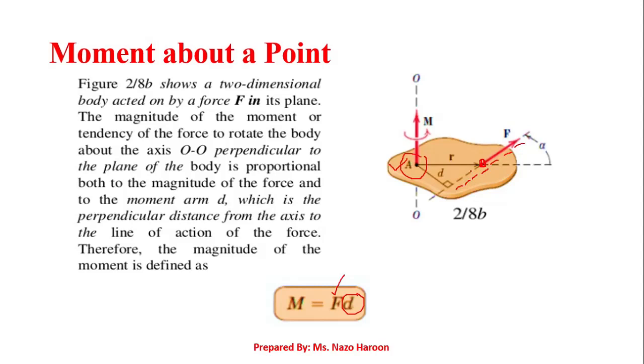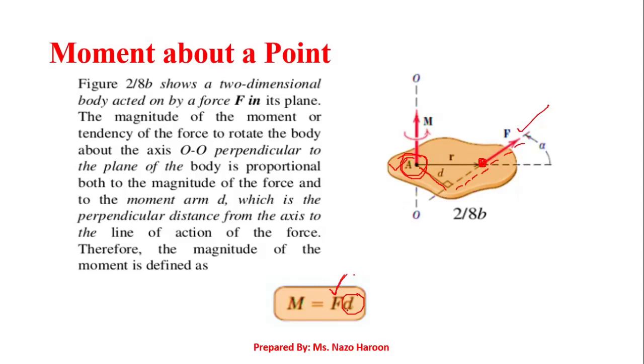So the distance between the line of action passing through the point of application of this force and the point about which you have to find the moment, this perpendicular orthogonal distance, would be known as the moment arm. You have to multiply the externally applied force with that moment arm in order to find the moment.